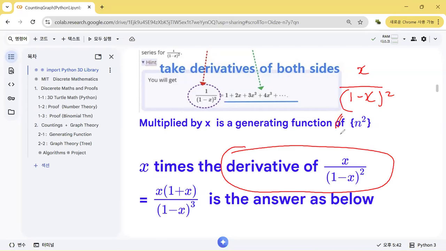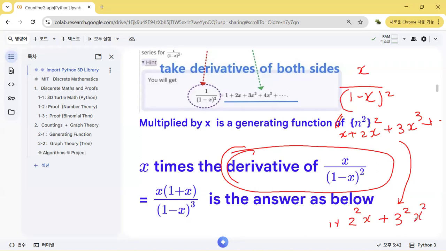This one is x plus 2x squared plus 3x cubed, something like that. Then take the derivative of this one. This one gives 1 plus 2 squared x plus 3 squared x squared plus 4 squared x cubed. But this is a 3, but this is 4, but this is 3.